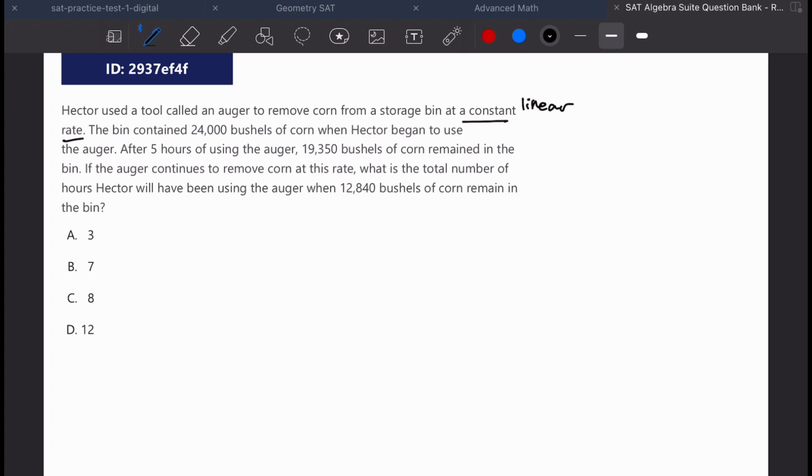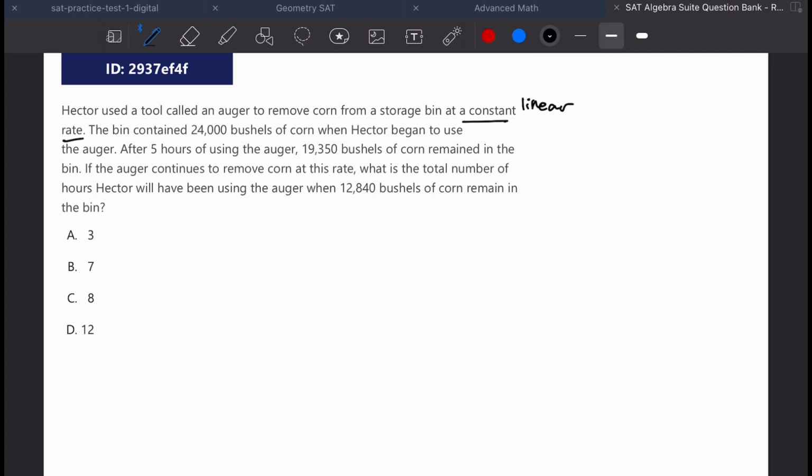If the auger continued to remove corn at this rate, what's the total number of hours Hector will have been using the auger when 12,840 bushels of corn remain in the bin? So since we know that this is at a constant rate, we can easily find how many bushels of corn the auger removed per hour.